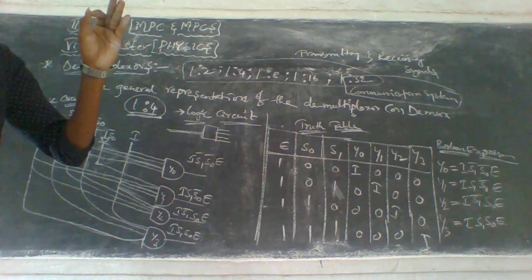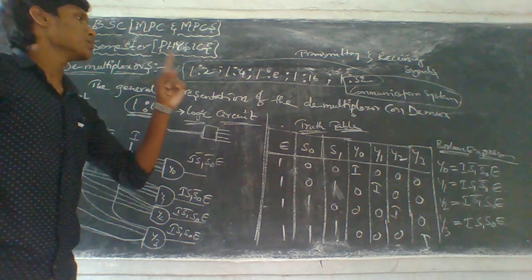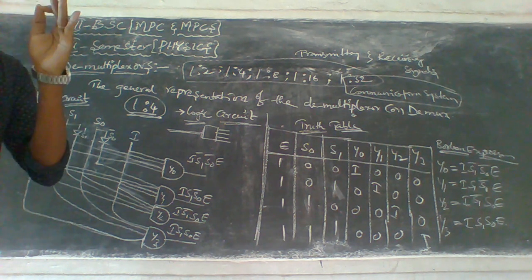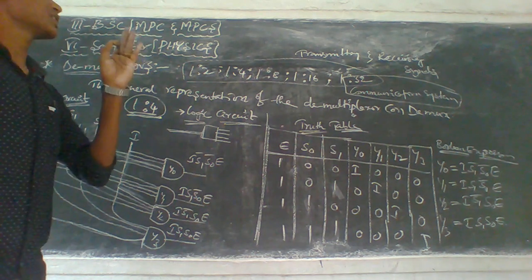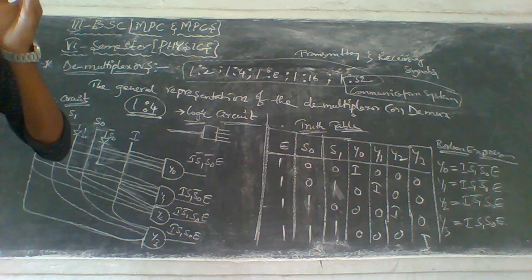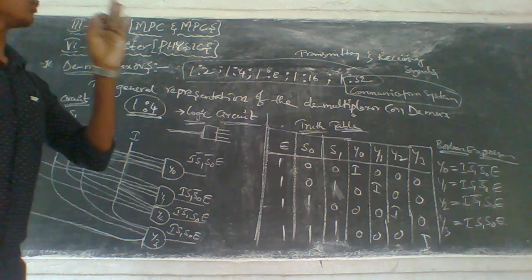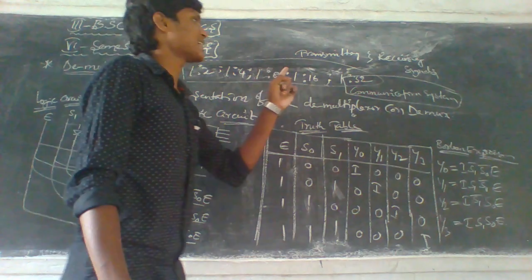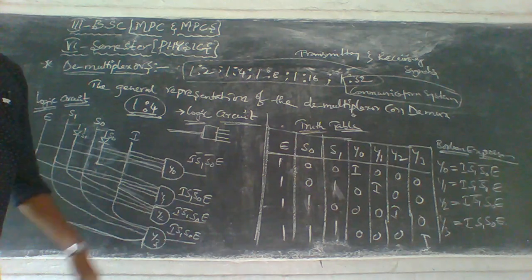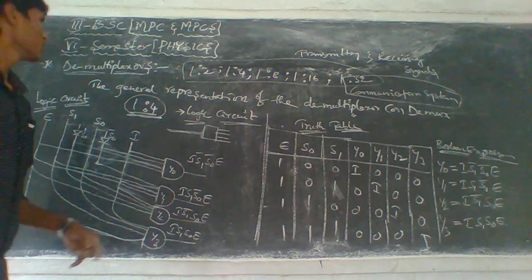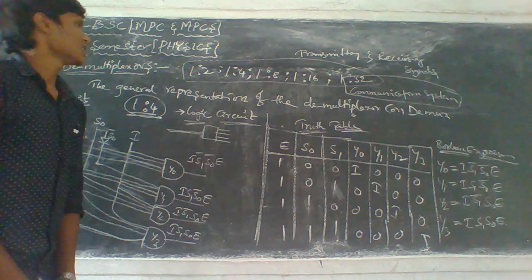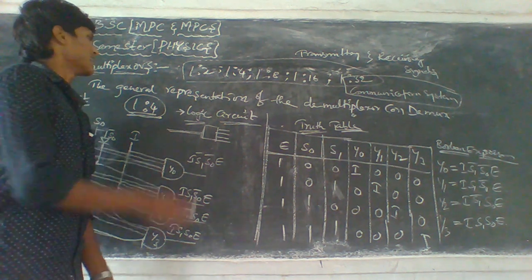The main application of the demultiplexer is communication systems, where most systems are bidirectional, functioning in both ways, transmitting and receiving signals. These are the uses of demultiplexers. So this is about the demultiplexer or DMUX.